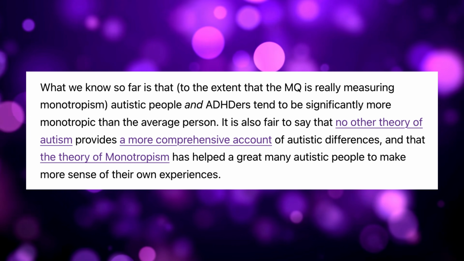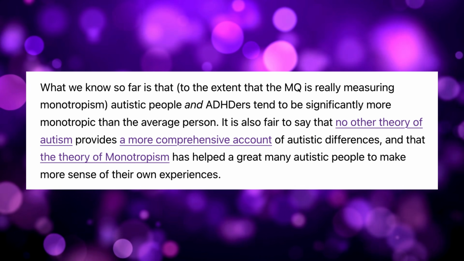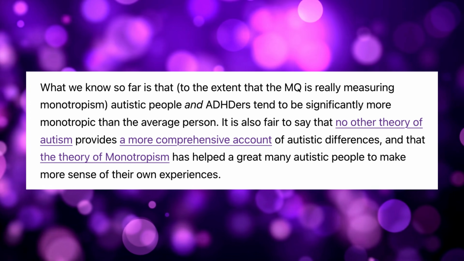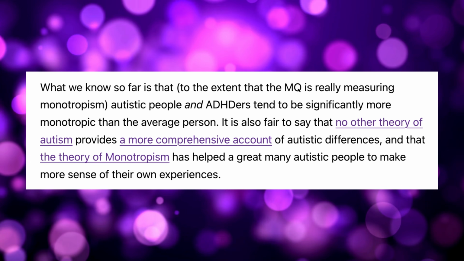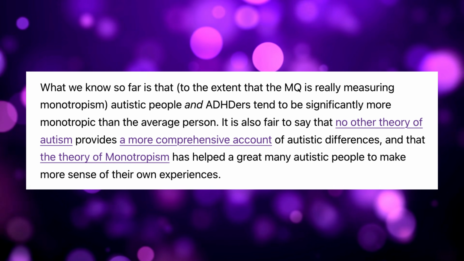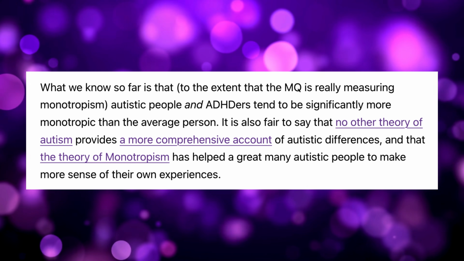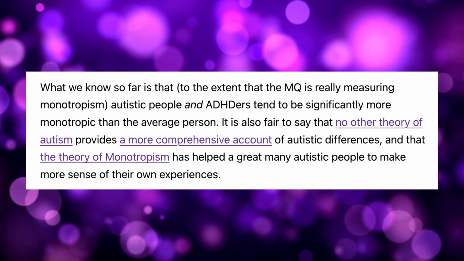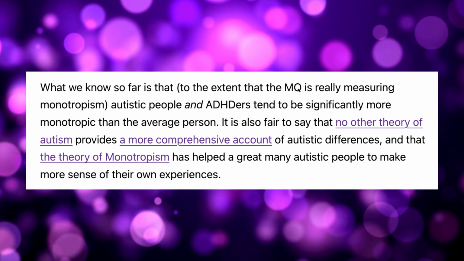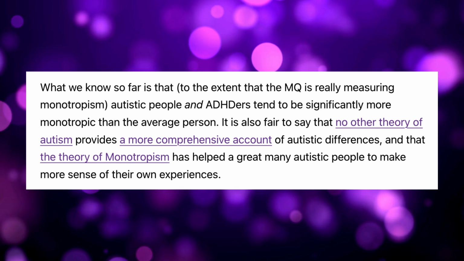What we know so far is that to the extent that the MQ is really measuring monotropism, autistic people and ADHDers tend to be significantly more monotropic than the average person. It is also fair to say that no other theory of autism provides a more comprehensive account of autistic differences, and that the theory of monotropism has helped a great many autistic people to make more sense of their own experiences.